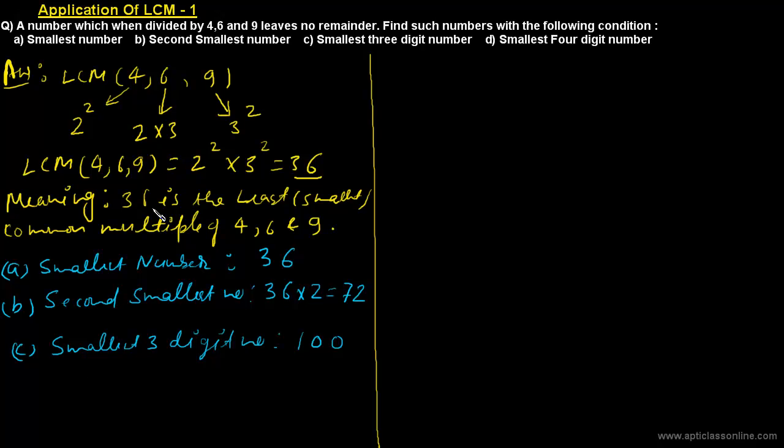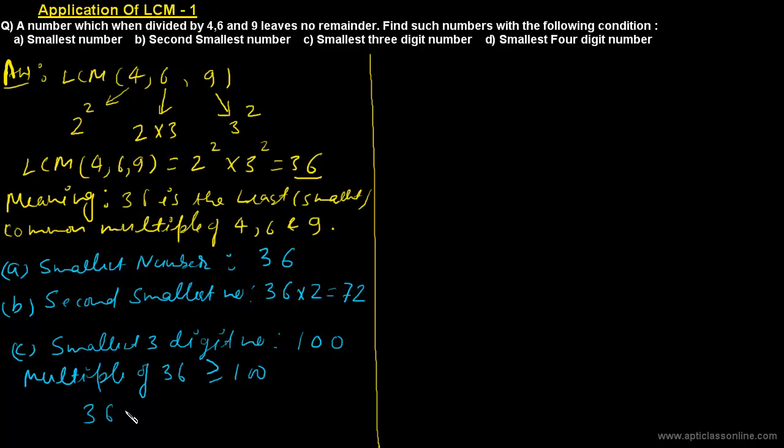So the condition is that the number has to be a multiple of 36, and at the same time it has to be just closer to 100. It can be 100 if possible, or it should be closer to 100. So we are basically trying to get the multiple of 36 greater than or equal to 100 mathematically.